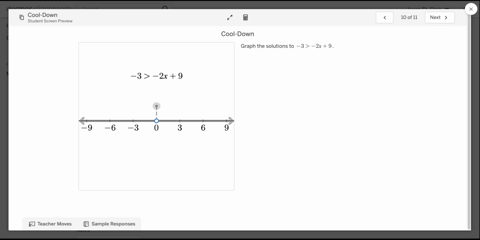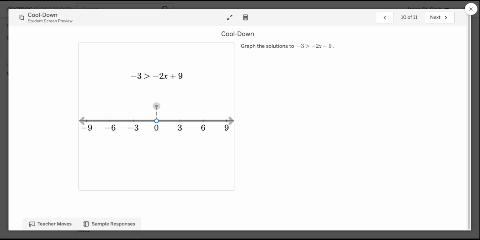So let's solve this for our cooldown, graph this. So remember, we're going to solve it like it's an equation. Negative 3 is greater than negative 2x plus 9. I'm going to subtract 9 from both sides. That leaves me with negative 2x. And negative 3 minus 9 is negative 12.